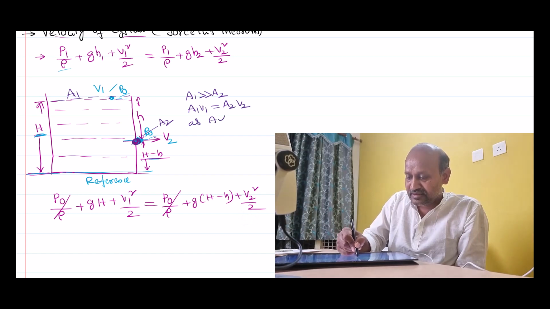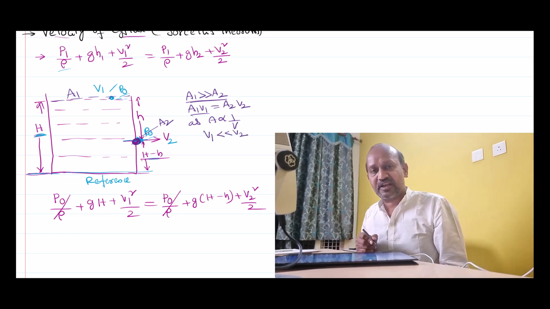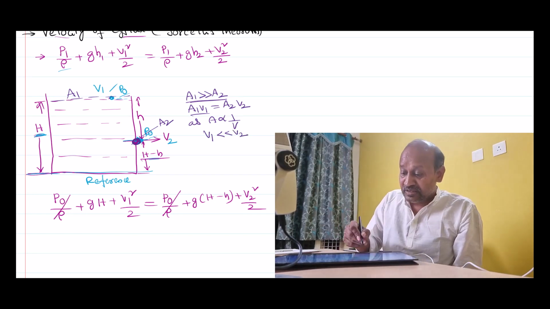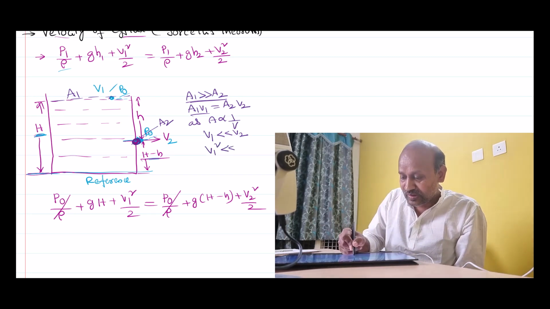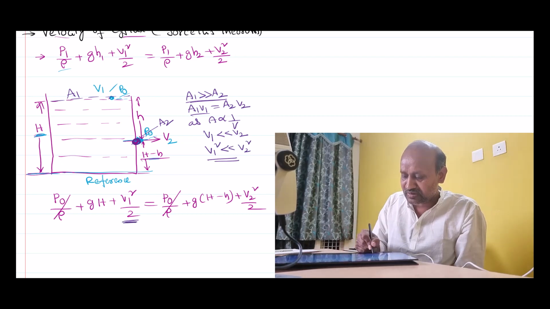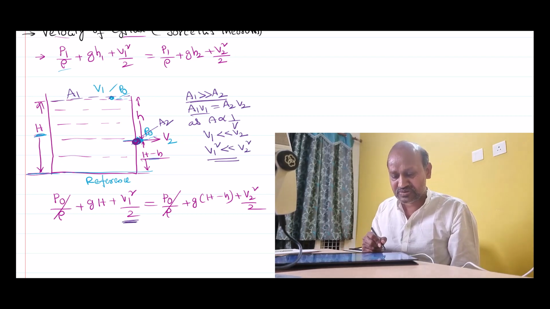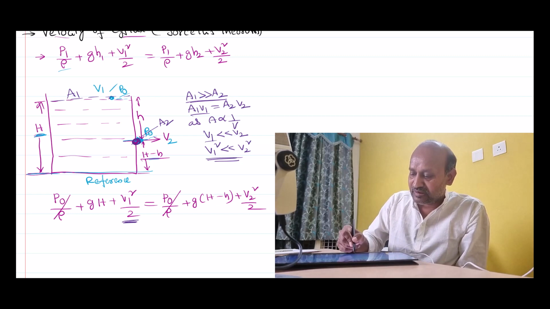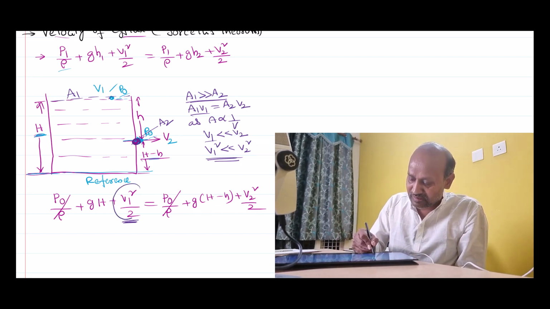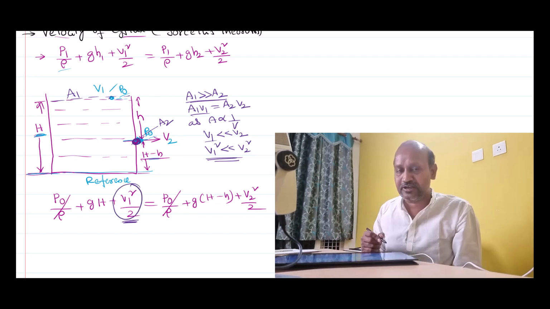As A is inversely proportional to V, AV equals constant. As A1 is much greater than A2, V1 will be much lesser than V2 as per the equation of continuity. Even V1 square will be even lesser than V2 square. So the term V1 square by 2, as V1 is small and V1 square is even smaller, we are going to ignore because it's not going to make any significant difference.